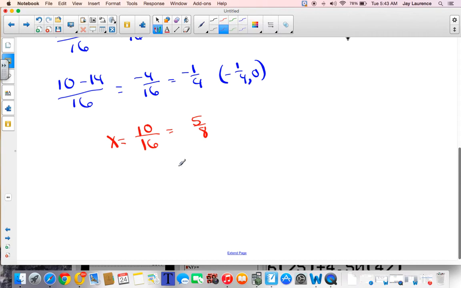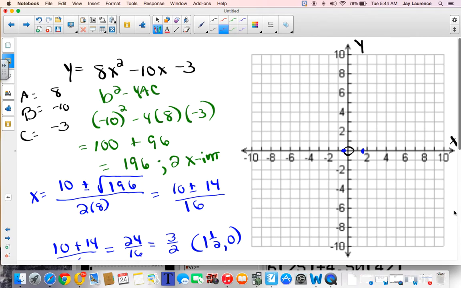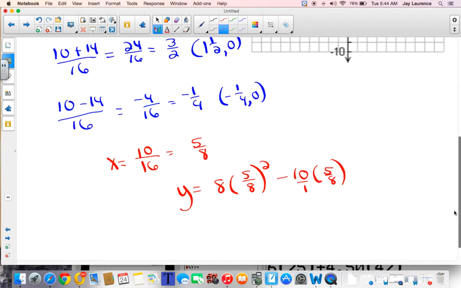So I'm going to get y equals 8 times 5/8 squared minus 10 times 5/8. I can't remember what it is at the end there. Negative 3. Okay. So minus 3.